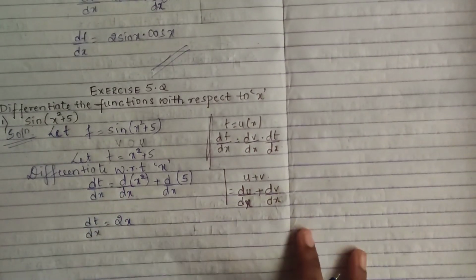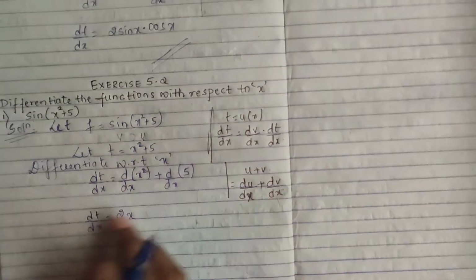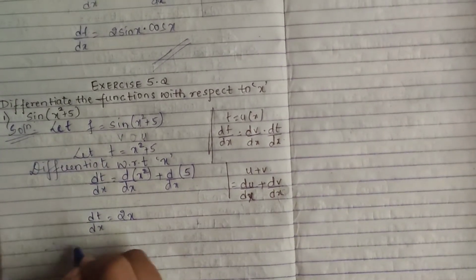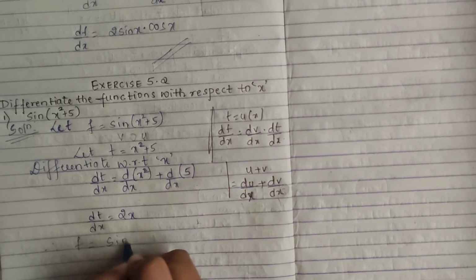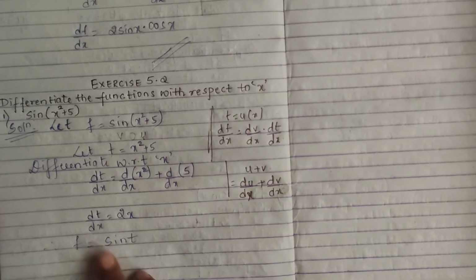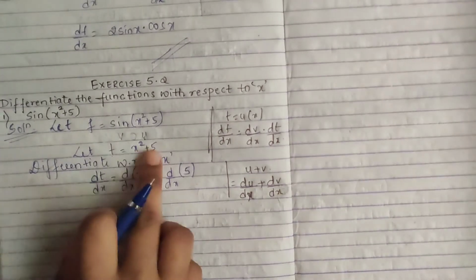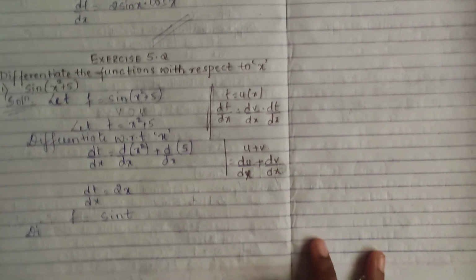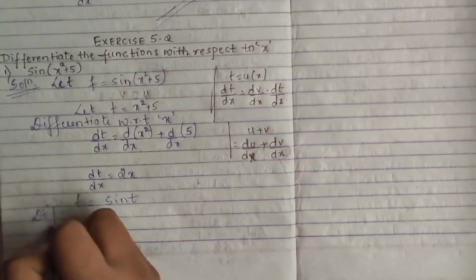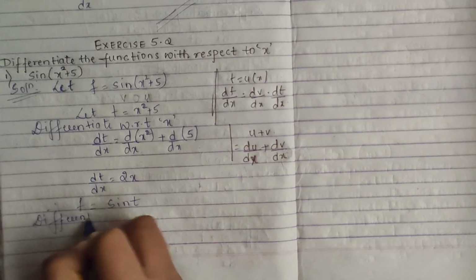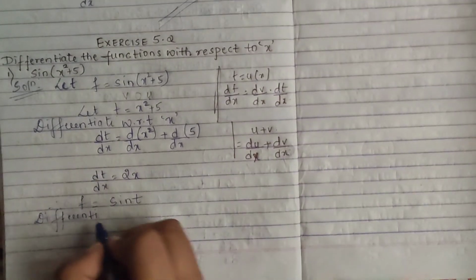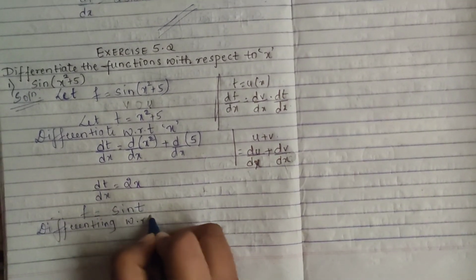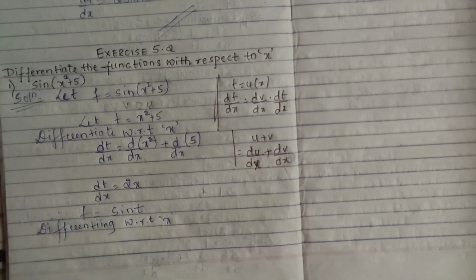Now we will go for df by dx. Here I have done dt by dx, but I will substitute in that. So f is equal to sin of t, because t we have taken as x square plus 5. Now we will differentiate our f part, differentiating with respect to x.